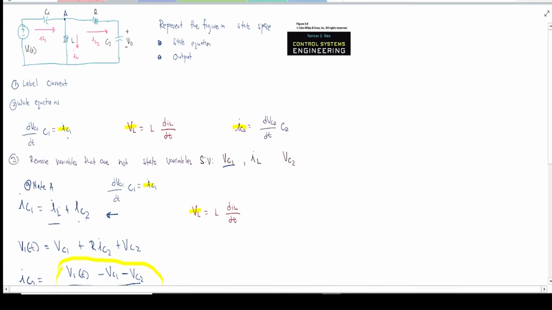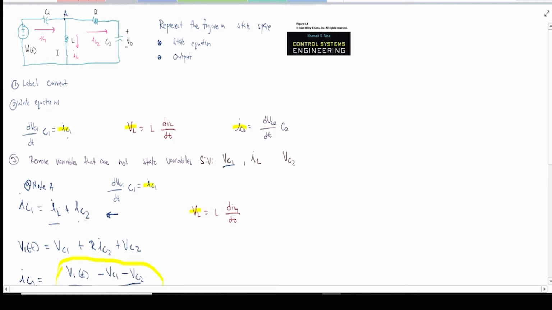So our problem here is the voltage drop. We have to represent this in terms of state variables. Again, let's think of something that will make this VL into a state variable. Let's imagine that we're going to have a loop on this one.